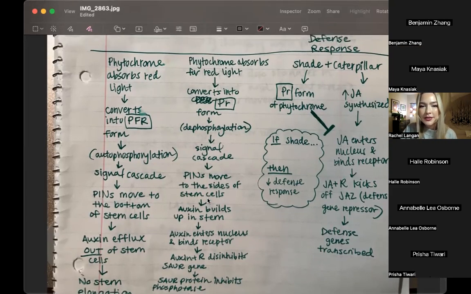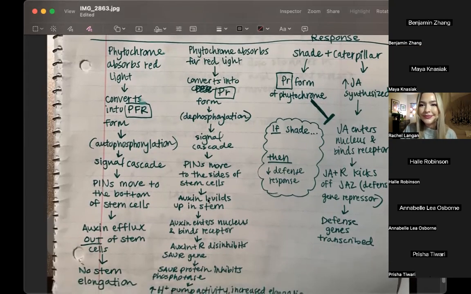Are there other questions? I had another question, sorry. Yeah. Can you explain why PFR autophosphorylates and PR dephosphorylates? So adding and subtracting a phosphate group is kind of like an on-off switch for proteins.